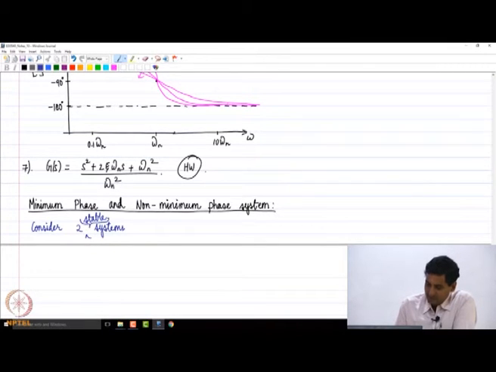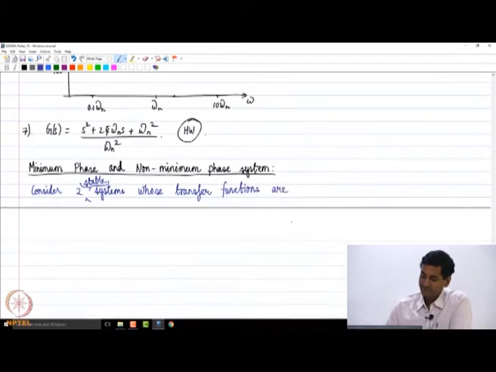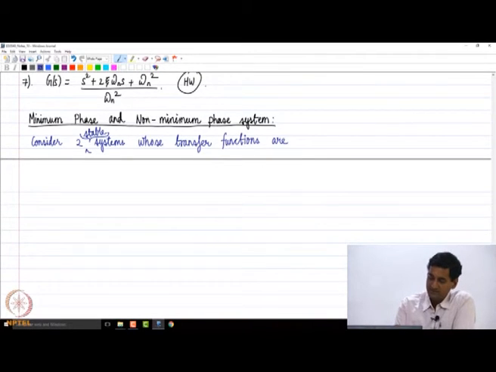All right, so two stable systems whose transfer functions are, okay, so G1 of s is going to be equal to 1 minus T of s divided by 1 plus T1 of s, okay.